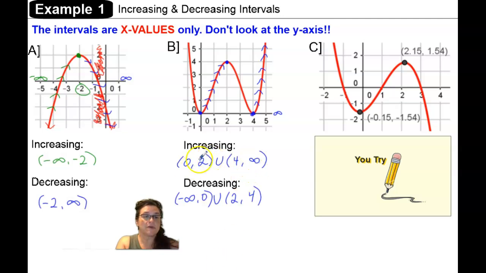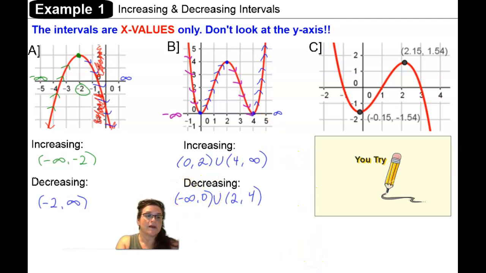Since it's multiple intervals, we join them with a union. Okay, then the graph is decreasing, so looking at negative infinity in the x direction, we're going down, down, down until that turning point where x is 0, and then we pick back up again here where x is 2, and we see the graph is decreasing until this turning point where x is 4.